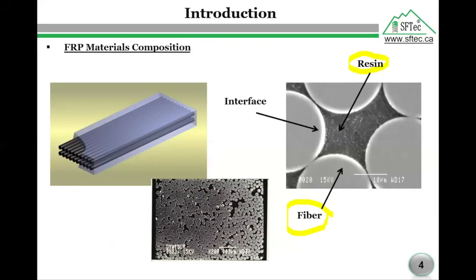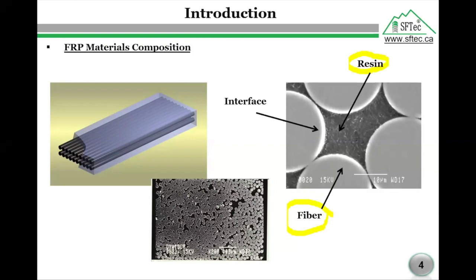So, the question now: what is the composition of FRP materials? As per the microscopic analysis on our right side, FRP materials consist of fibers, polymer matrix, and the interface between the fiber and polymer matrix.